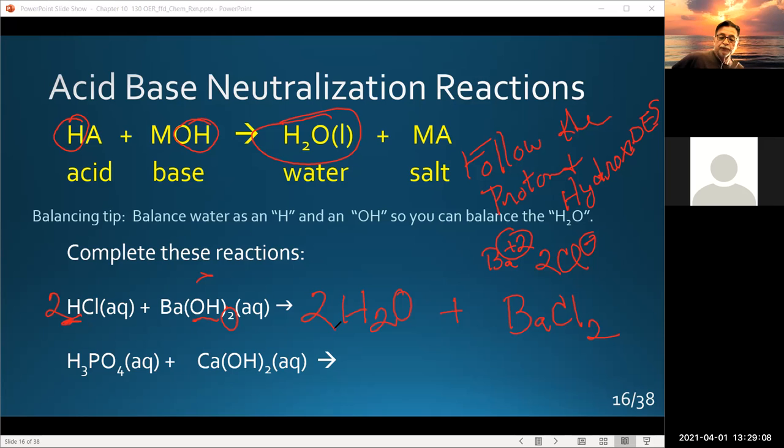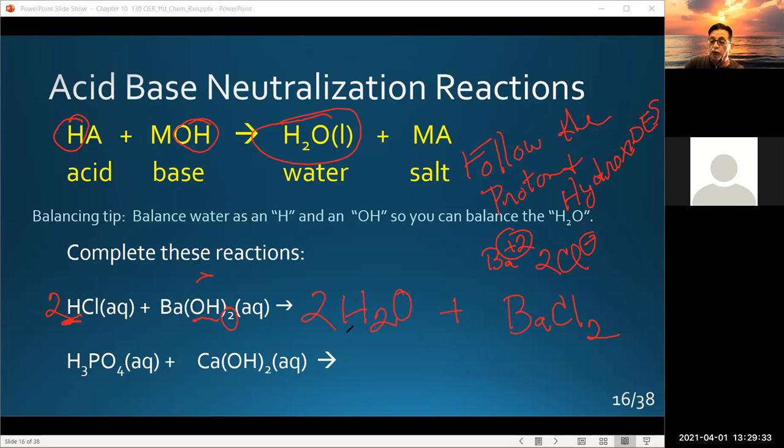All right. And so now I just look around and I say, oh, maybe I'm balanced already. Well, let's check it out. I have a total of 4 hydrogens in the form of water. And as reactants, I got 2 hydrogens in the form of hydrochloric acid and 2 hydrogens in the form of the hydroxide.